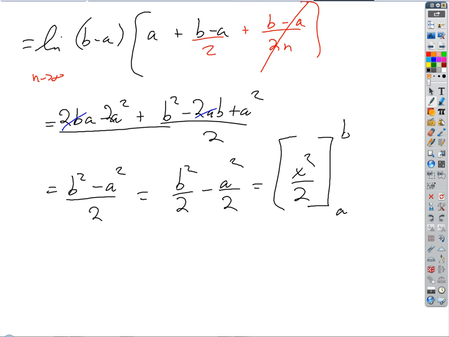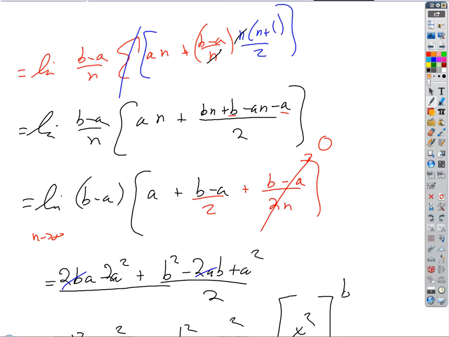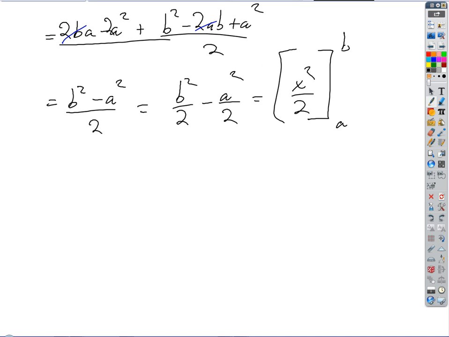So now let's go back and write the original problem here. The original problem was we were trying to find the area under the curve f of x equals x, right? Okay, so if f of x equaled x, how does that function relate to that? Without any of that algebra that we just did, can you just ignore that for a second?